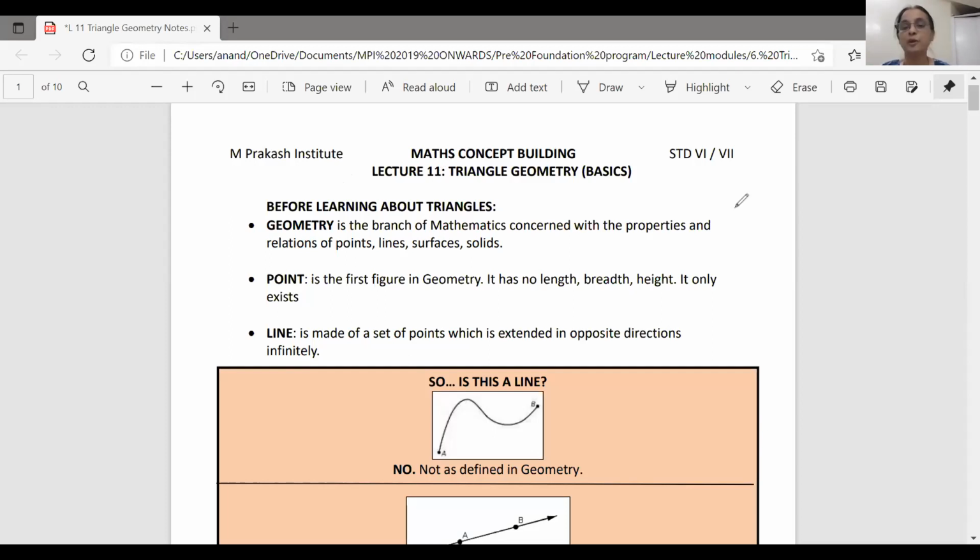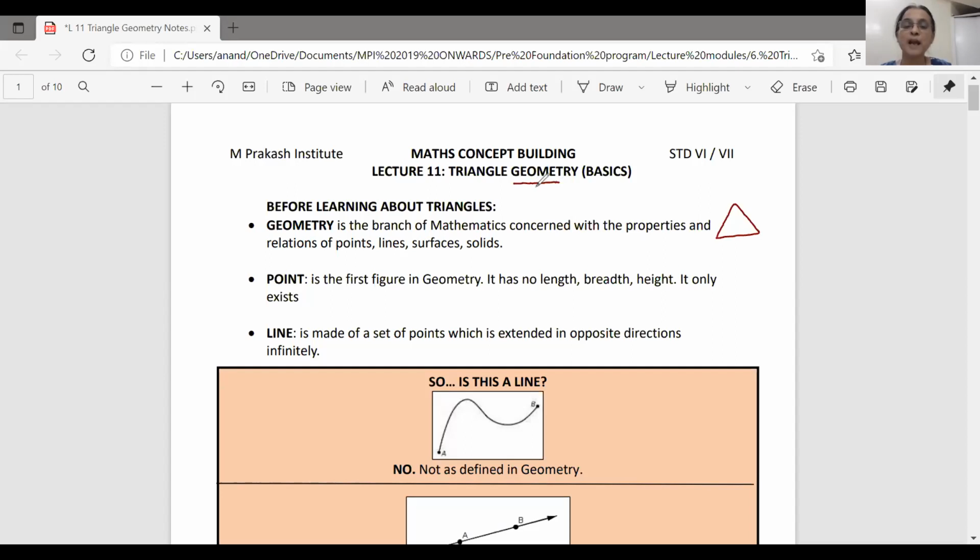First of all, everybody knows that a triangle is a figure with 3 sides. But there are some terms which I thought we should discuss before actually talking about a triangle. Since this is geometry, basically all of us know what geometry is.